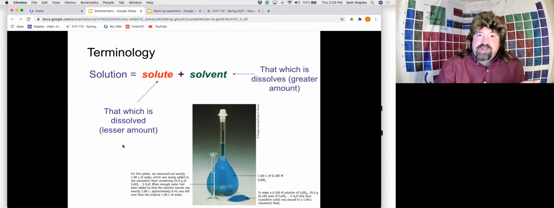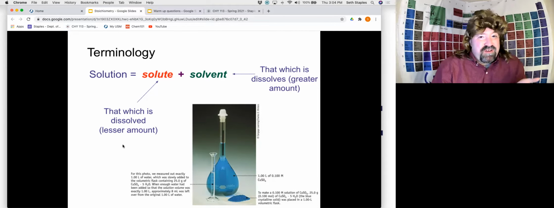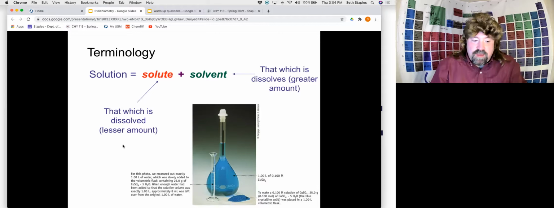The other 5% is water. And so in that case, you have a solution, but water would actually technically be your solute, and the ethanol would be your solvent. So just be aware that yes, for most of what we do, water is going to be our solvent, but that's just because we use water to dissolve our substances in.